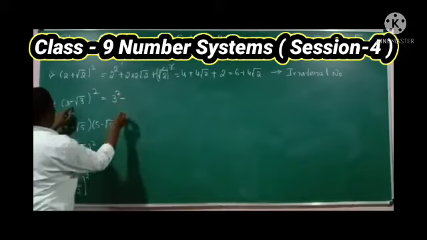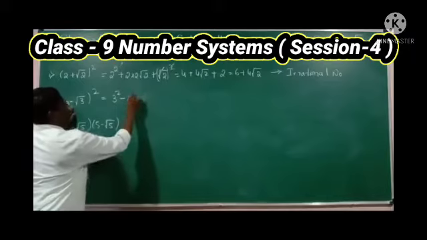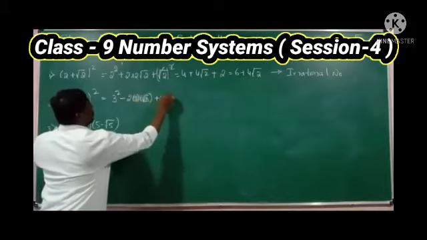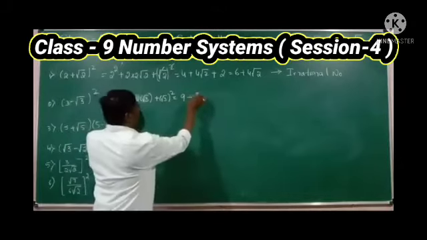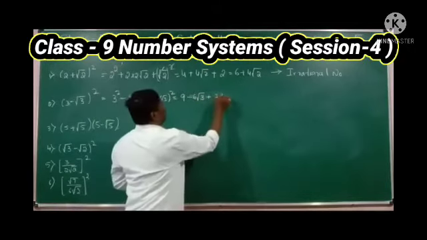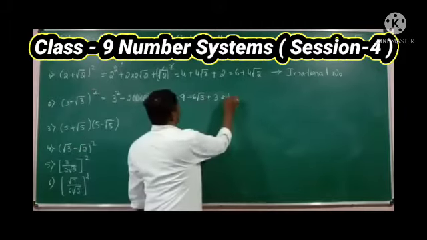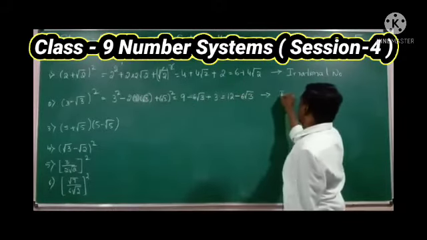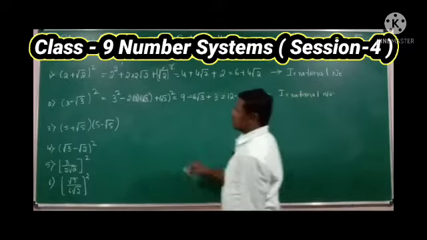So 3 square minus 2 into 3 into root 3 plus root 3 whole square. 3 square is 9 minus 2 3s are 6 root 3 plus square and root get cancelled, remaining 3, which is equal to 9 plus 3 is 12 minus 6 root 3. So again this one is also an irrational number. Okay. Next, see the third one.